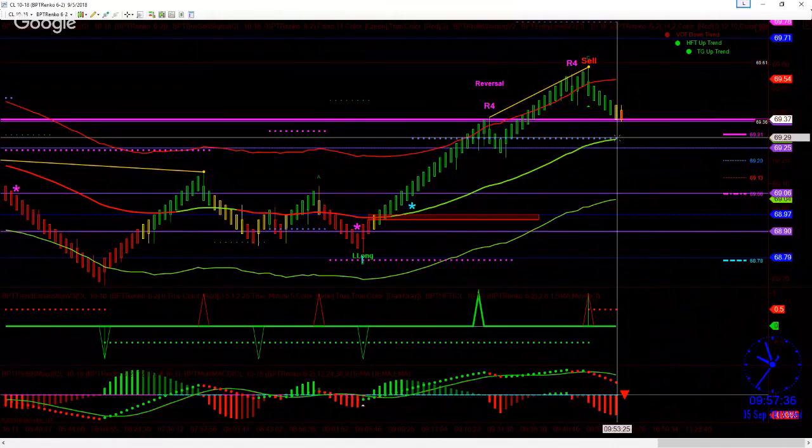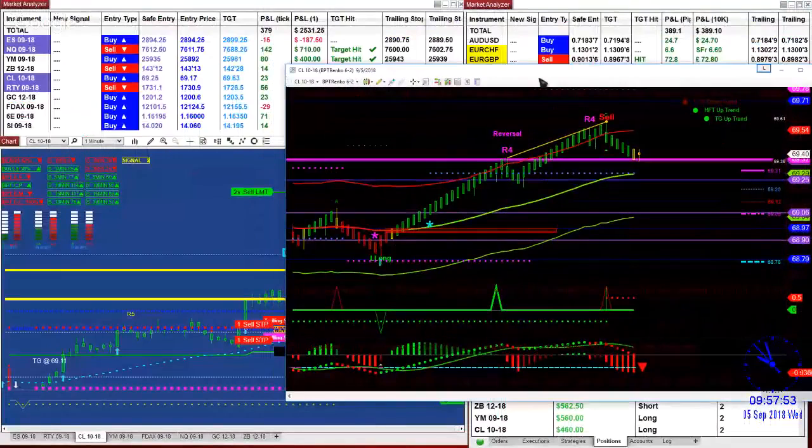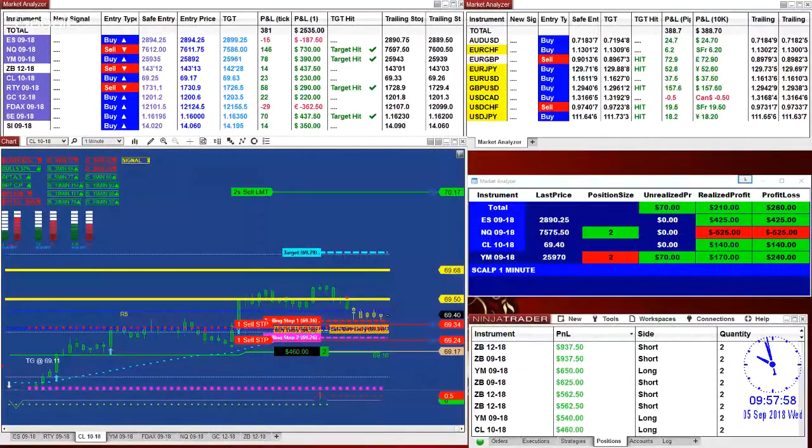We use the Renko bar only for reversal. We do not use the Renko bar to trade with the trend. But also you need to keep your eye on the 69.29 on the CL. This is also a very important key, and it could be for a re-entry. And so you gotta be careful with the CL.